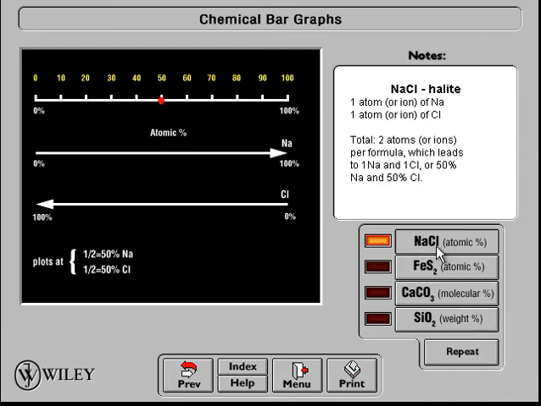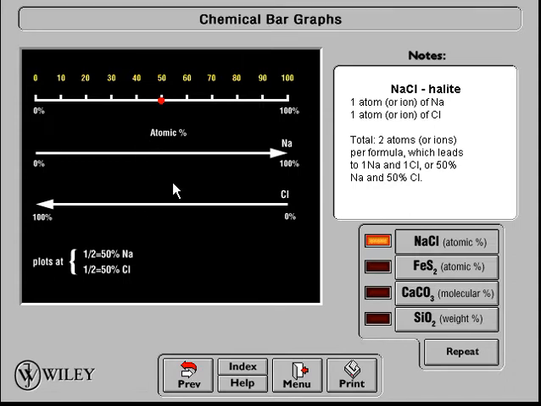We have one atom of sodium and one atom or ion of chloride. In total we have 2 atoms or ions per formula, which leads to 1 sodium and 1 chloride in a balanced relationship of 50%, that is 50-50.